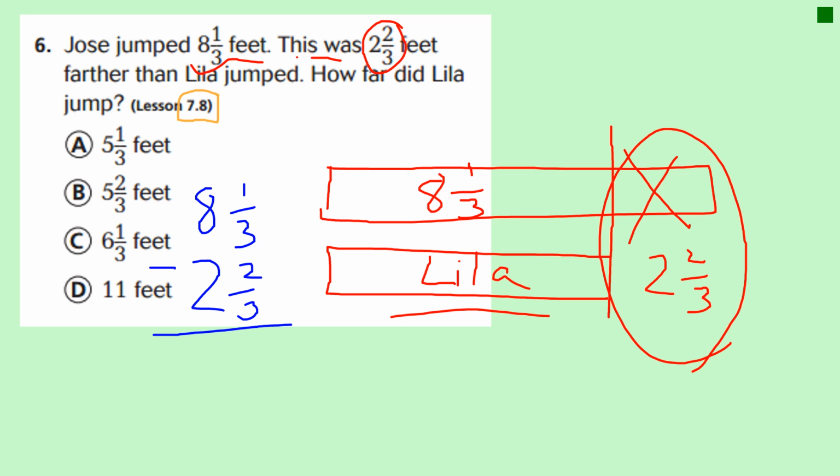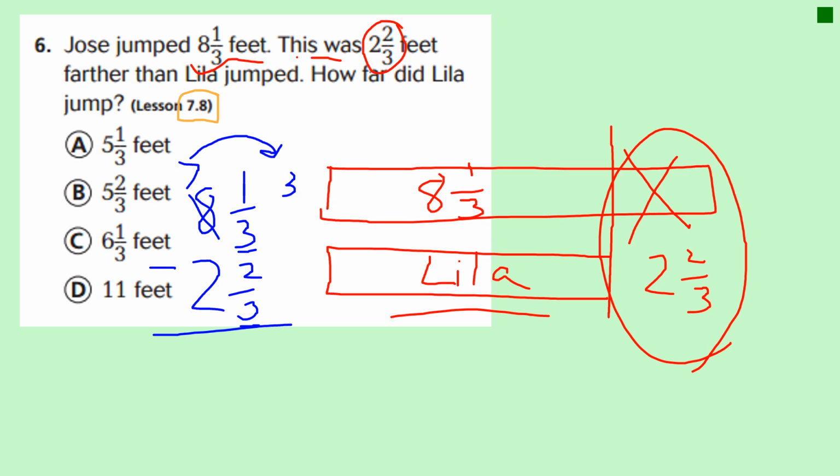Okay, so here we go. The denominators are the same, so we can subtract the numerators. 1 minus 2. Well, I can't do 1 minus 2, right? We have to regroup. I'm taking one from you, 8. You are now a 7. Okay, so I'm taking that one whole thing over, and I am renaming that one whole thing as a fraction.